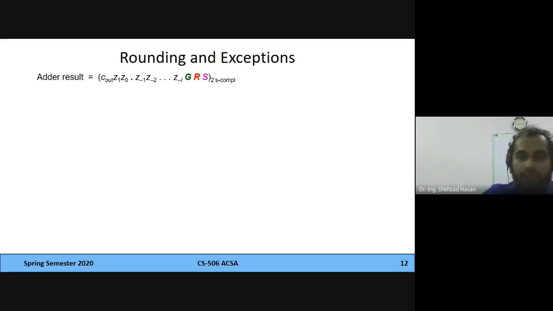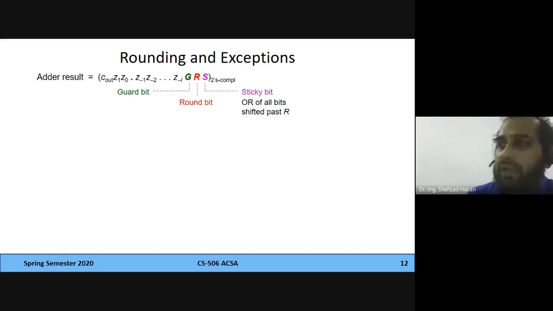Our final result is going to be the same as if you had many more bits. So even if you had all the bits required to store the shifted amount, these 3 bits are going to be enough as well. So that's the conclusion here. So we call them the guard bit, round bit, and sticky bit.